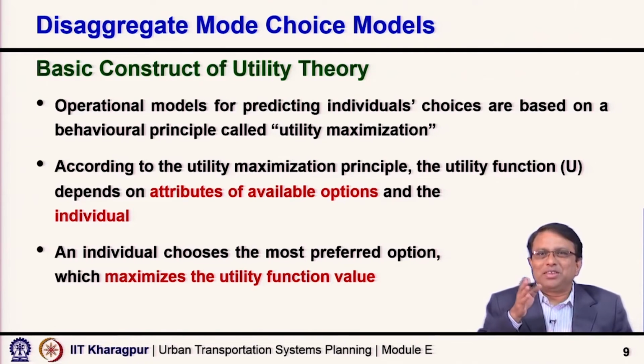Okay. So, if there are 3 alternatives, the one having the highest utility will be chosen. Now, in the transport context, as I told you, this may not give you positive values, but among the negative values, the least negative will be chosen, right.